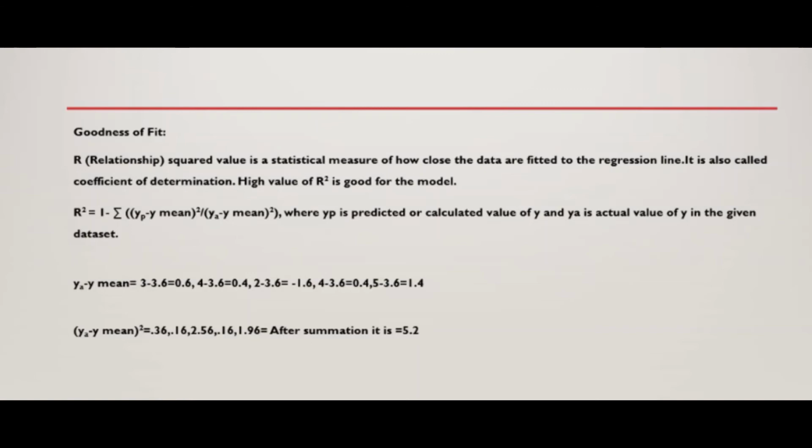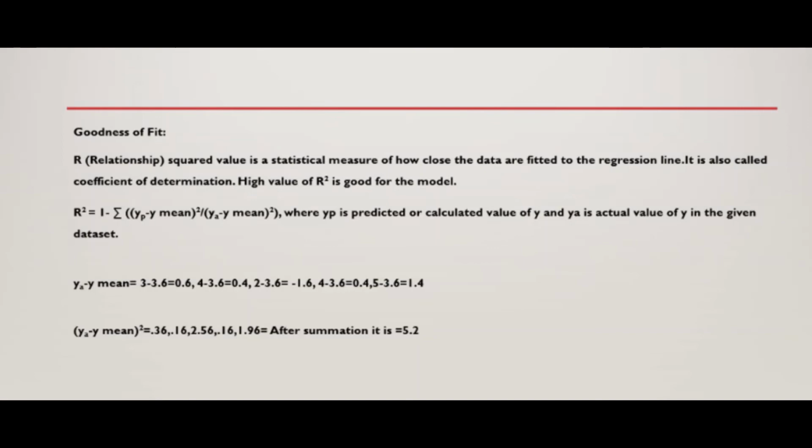Y actual is given here, y mean is 3.6, and here we are getting it for every occurrence of y, and in the last line we are just squaring the term. So it is 0.6 squared, 0.36, 0.4 squared, 0.16, and so on. After summation, that means after summing up all these terms, we get 5.2.